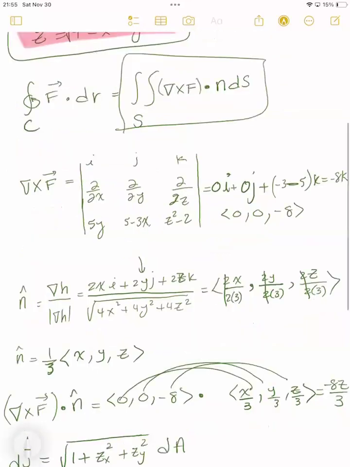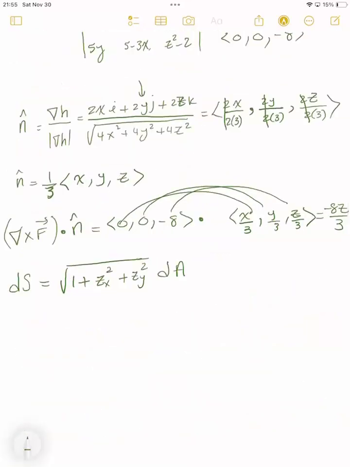So now we are going to find the partial of z with respect to x. We know z is equal to 9 minus x squared minus y squared, to the power 1/2. I got rid of the radical and I wrote it as 1/2.